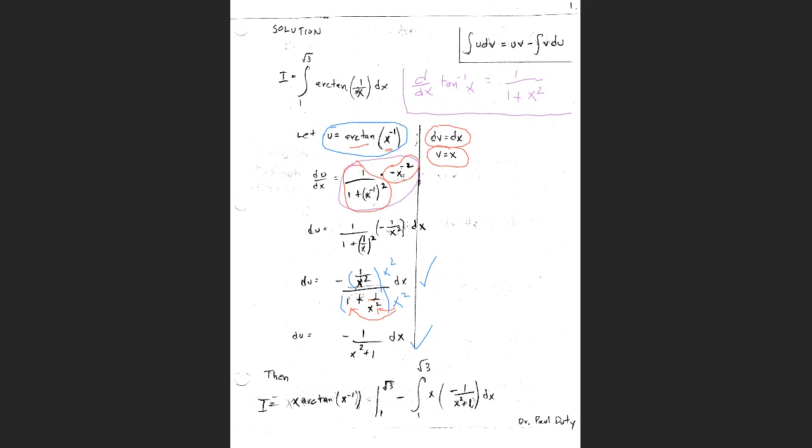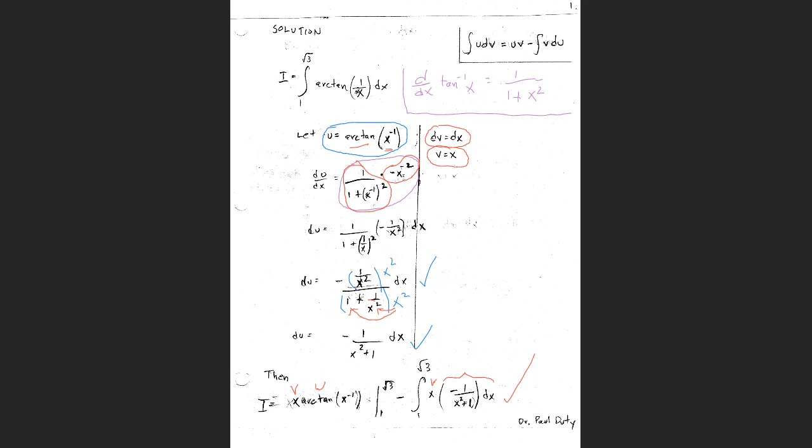And so now we have the integration by parts: v times u in this case, minus the integral of v du. Here's v, here's du.